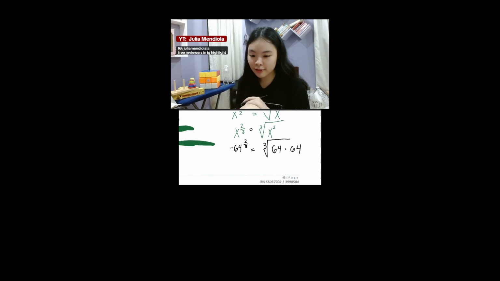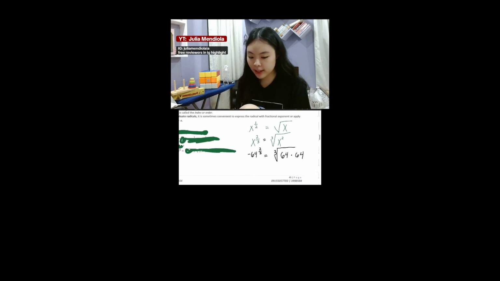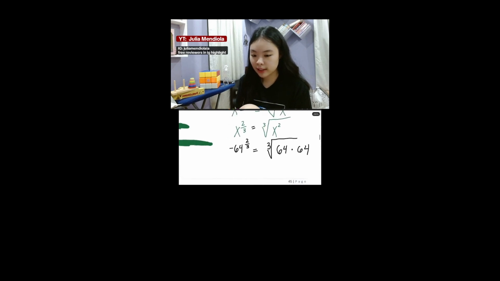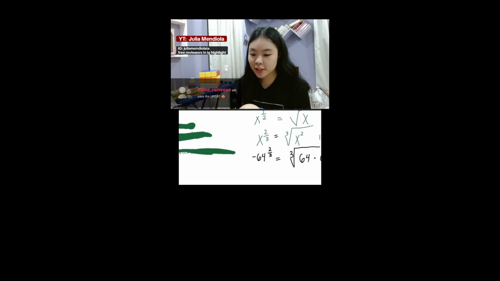Kasi technically, dapat hindi mawala, pero may squared kasi siya. So, negative 64 times negative 64, mawawala ang negative, kasi negative times negative is positive. Mawawala yung negative if naka-parenthesis. Yes, naka-parenthesis siya, guys, oh. See? Parenthesis. Yes, it's junior high math.